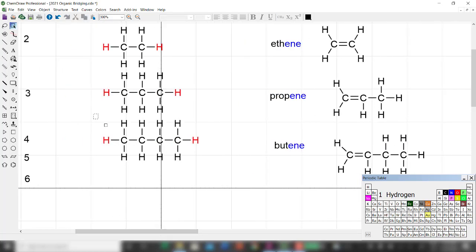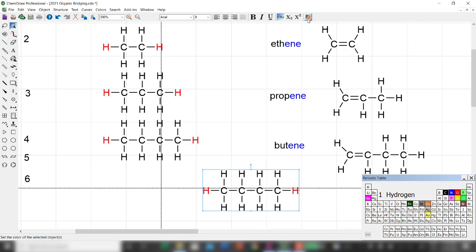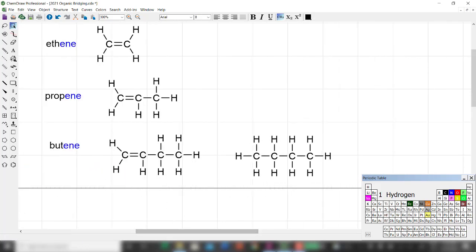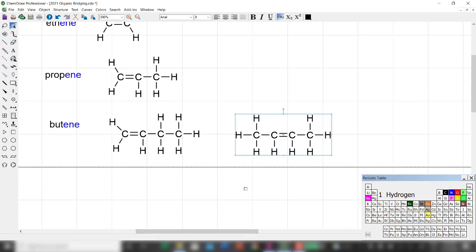So I'm going to paste the structure over, put it here, and then erase this and put a double bond here. You notice there's a difference because of the position of the double bond. As we go from left to right, this is 1, 2, 3, 4. So it's between the first two carbons.